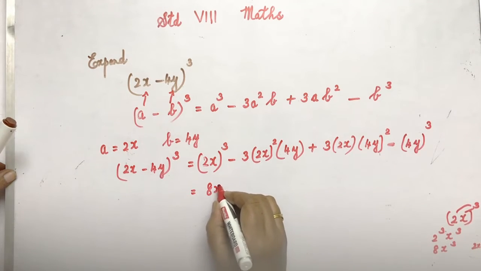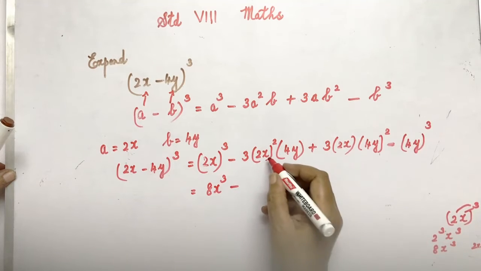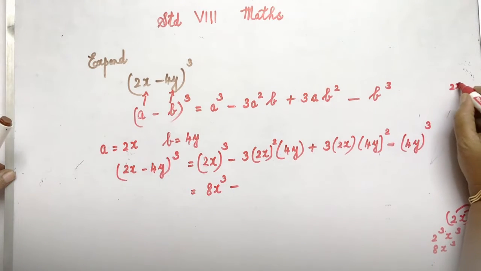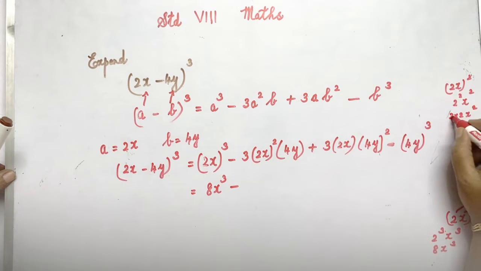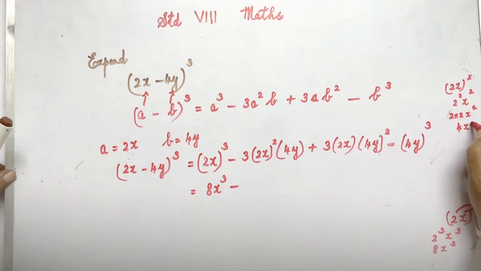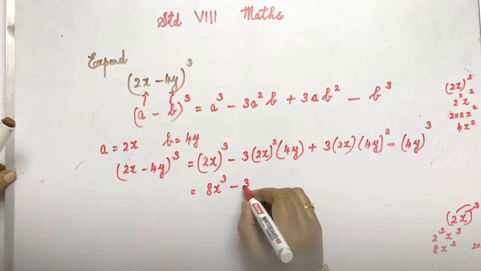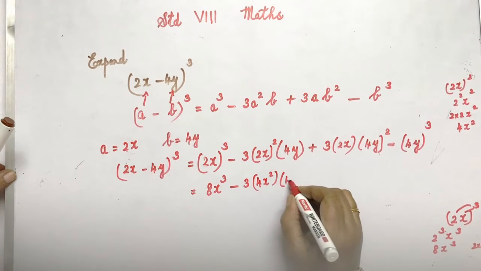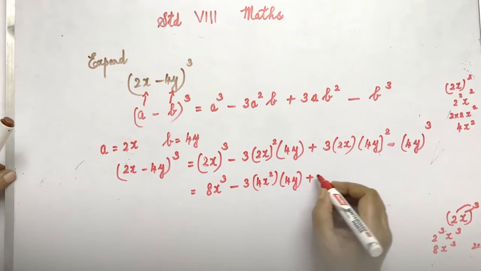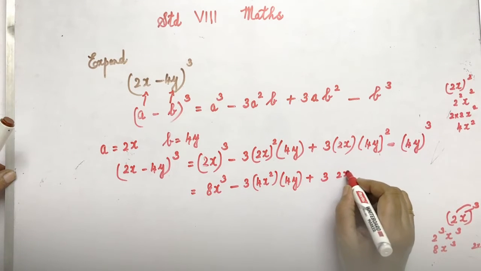So 8x cube minus, now (2x) whole squared is 2 squared x squared. 2 squared is 2 into 2, then x squared. So 2 into 2 is 4, 4x squared. So 3 into 4x squared into (4y plus 3) into 2x.